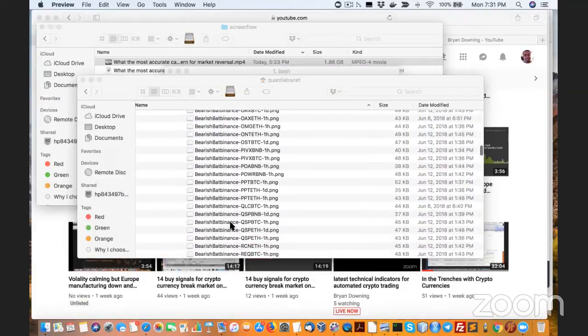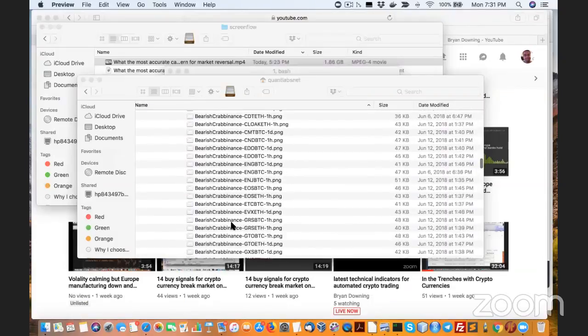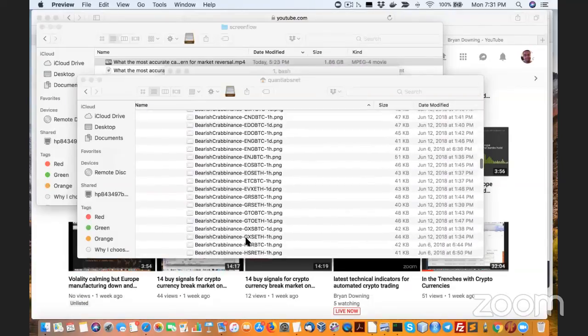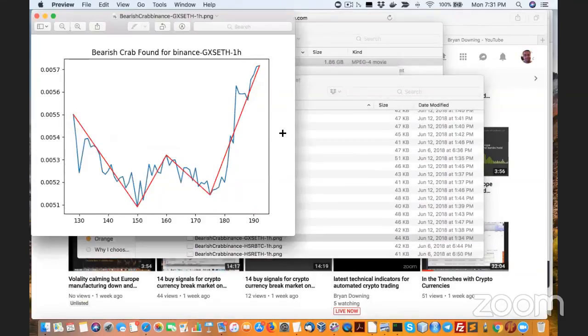So I'll try to show you one outside of a bat. So we have a crab here. So we have this pair here. Again, we expect this to turn at some point because it's a classic bearish crab, according to this script, according to this chart.